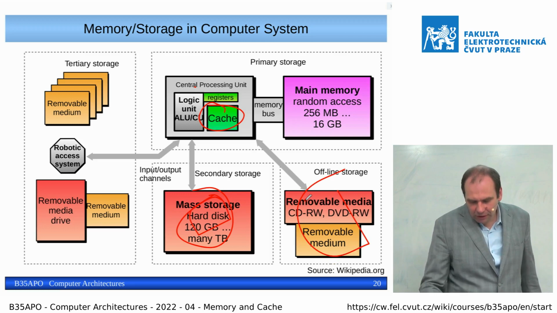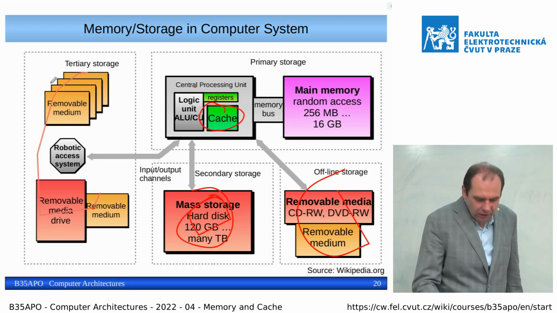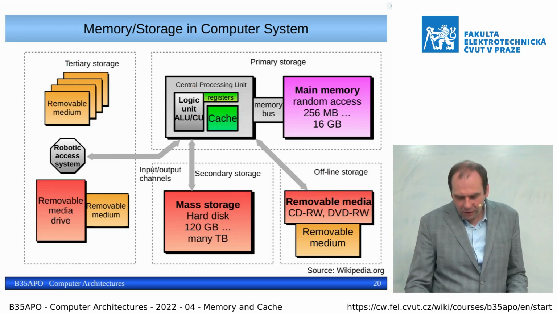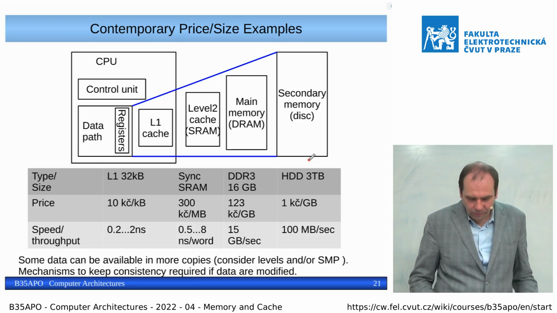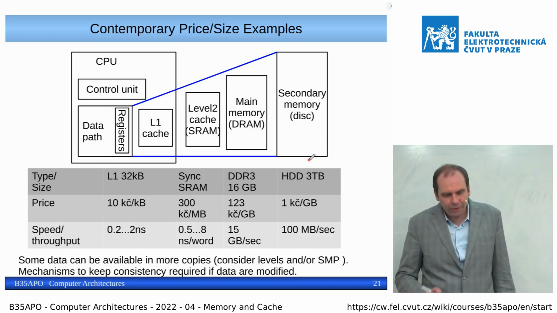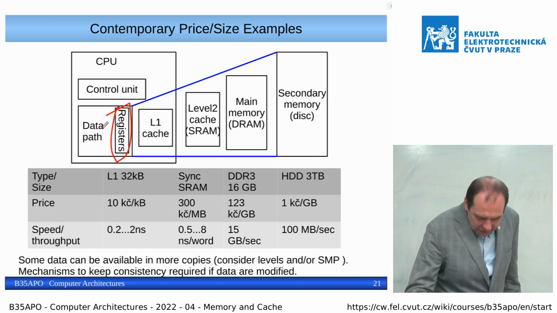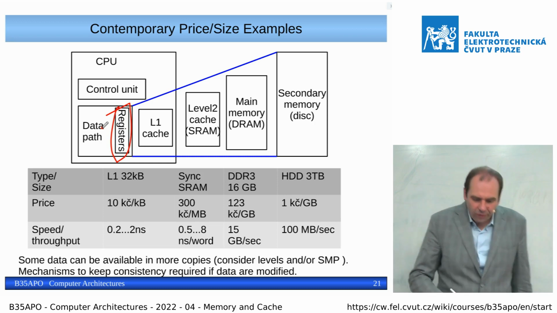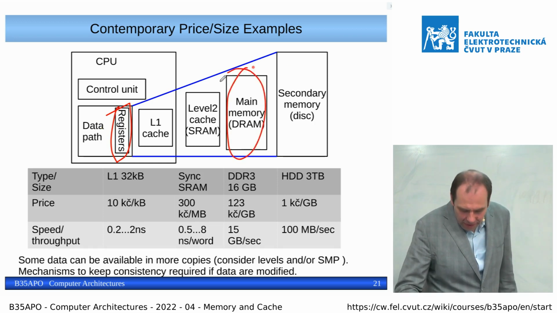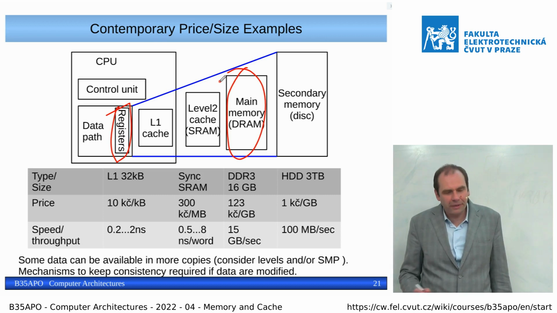We can have slower read-only memories, for example DVDs, and even slower robotic controllers with tapes. And important, again, I repeat, is that what is in the registers is under the control of the program, and what is in the main memory is mostly under the control of the program and operating system.